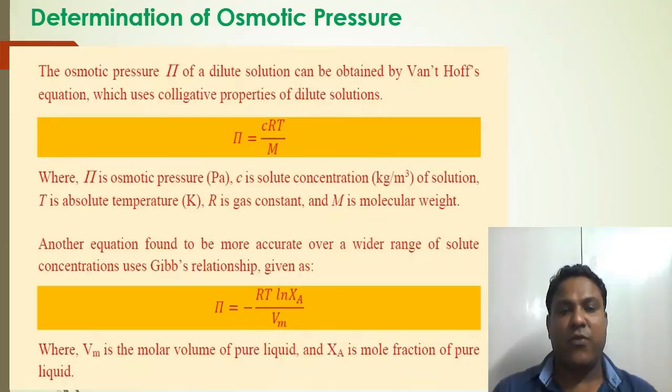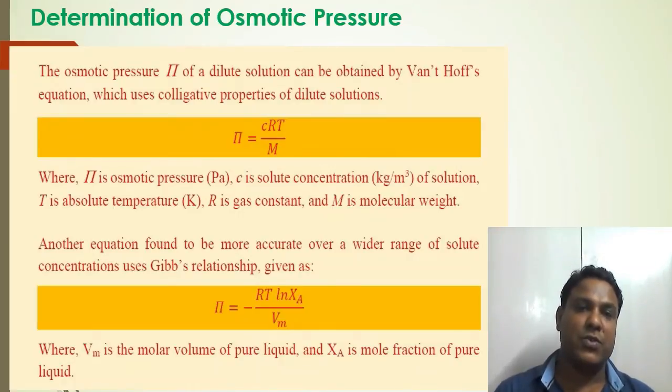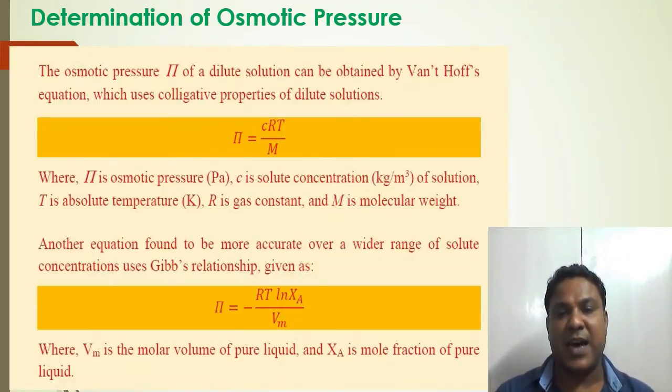Another equation found to be more accurate over a wide range of solute concentration is the Gibbs relationship, expressed as pi equal to minus RT ln XA upon Vm, where Vm is the molar volume of the liquid and XA is the mole fraction of pure liquid.